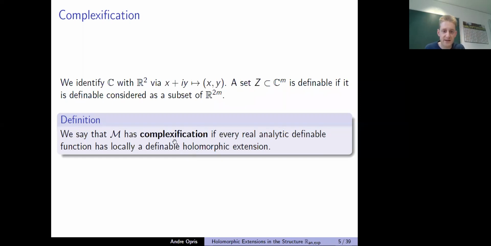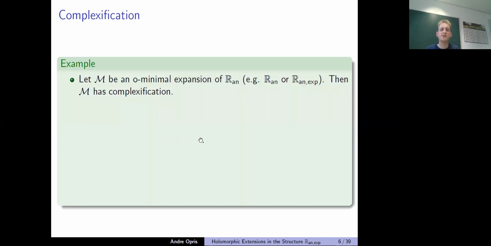And let's look at some examples at this point. So, for example, if M here is an o-minimal expansion of R_an, so for example R_an, R_an,exp, or even larger o-minimal structures than R_an,exp, then this structure has complexification simply by power series expansion, since you can write a real analytic function as a convergent power series at any point.